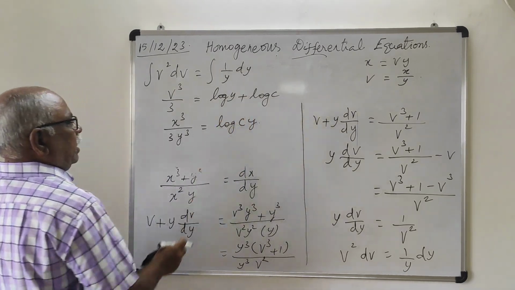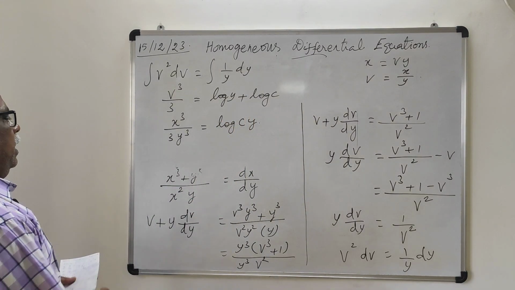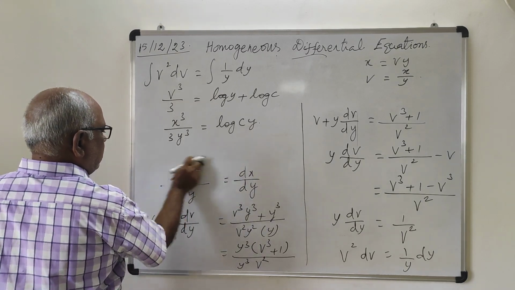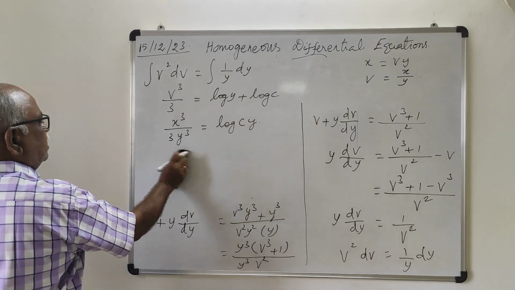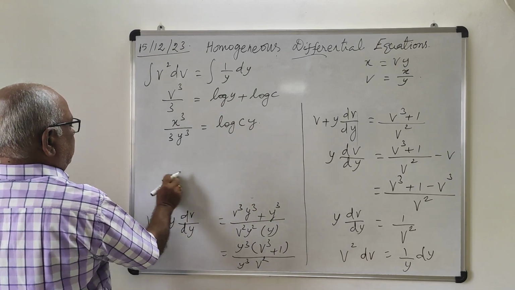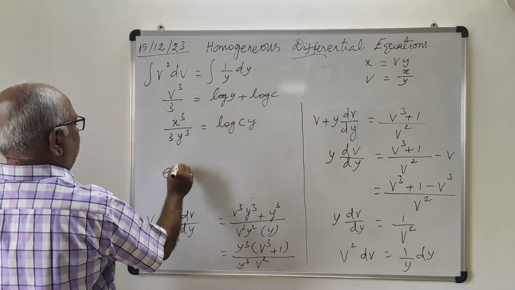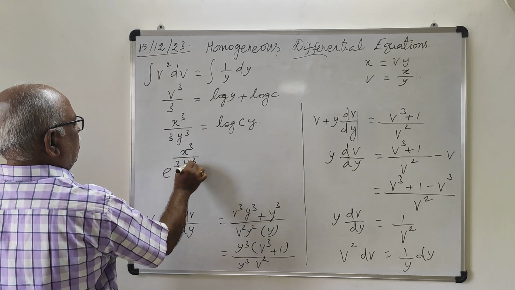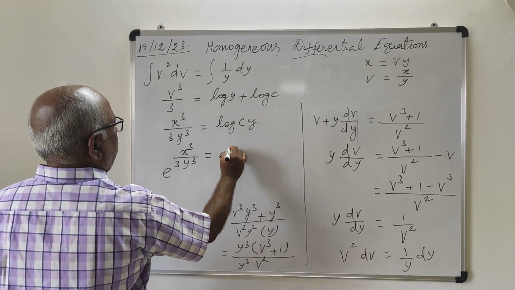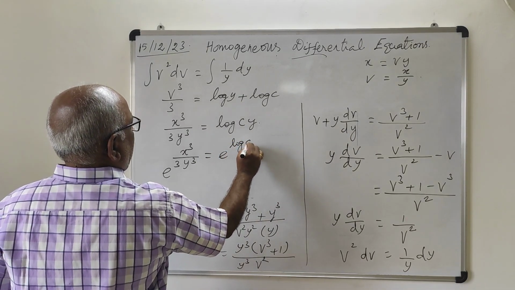Log m plus log n is log mn. Now, raising the exponential power on both sides, raising the power of e, you will get in the left hand side e power x cube by 3y cube, equal to e power log cy.